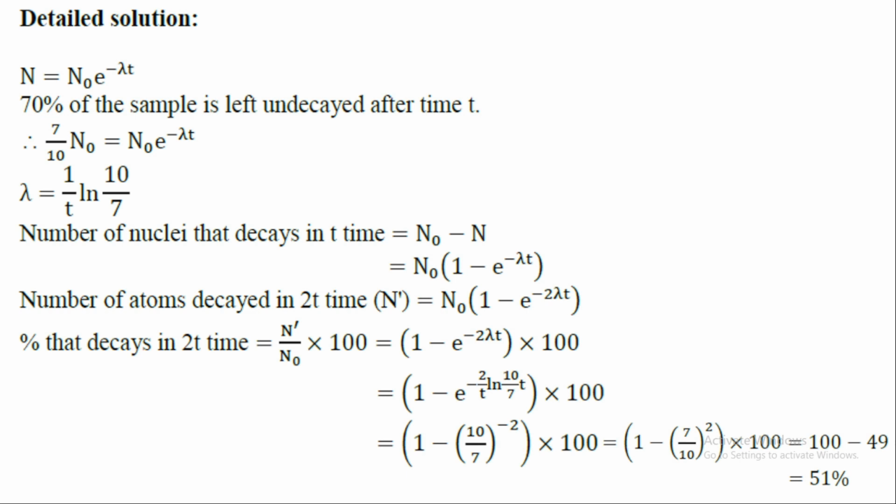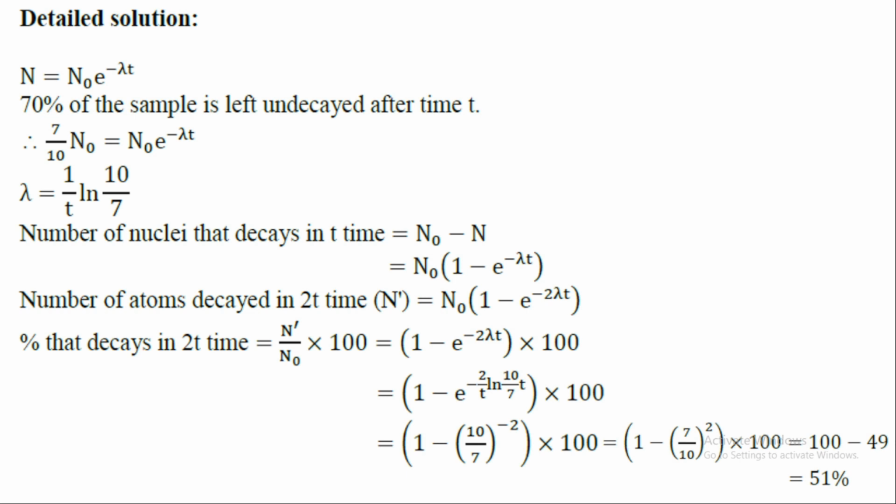Once you solve the whole thing, since it is e raised to the power of log 10 by 7, and this log is also in base e, it will be 10 by 7.